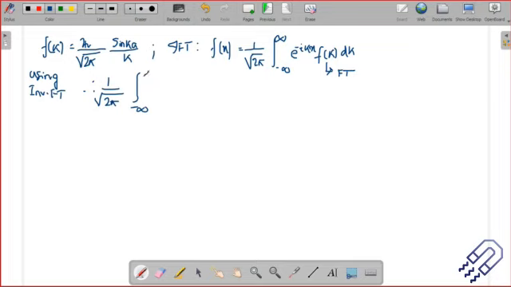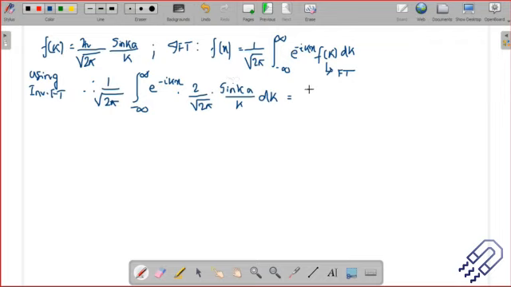Once you keep practicing, you will gain the pace to do it fast. e to the power ikx, and then I will write down my f of k. f of k is this, so I will write it as 2 divided by root over 2 pi into sine of ka divided by k dk, which is equal to f of x.